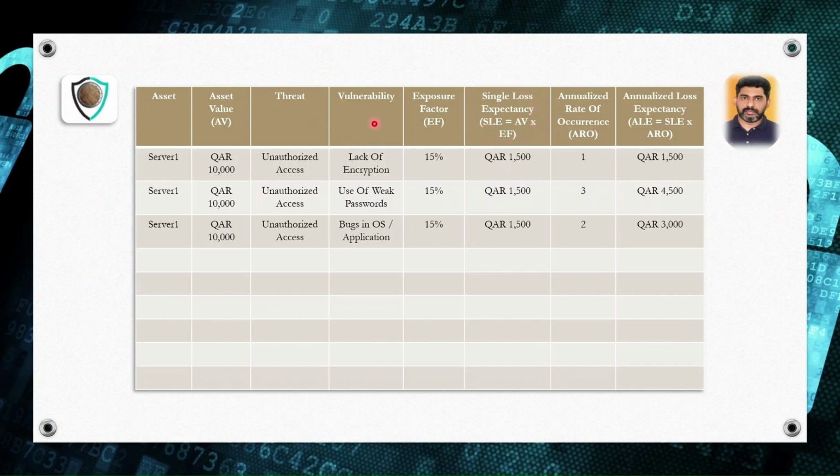If the threat exploits the vulnerability once, what are the losses that I can expect? So SLE is asset value times exposure factor. After that, I have to identify the annualized rate of occurrence. So this is nothing but how frequently the threat will occur or how frequently the threat will materialize every year.